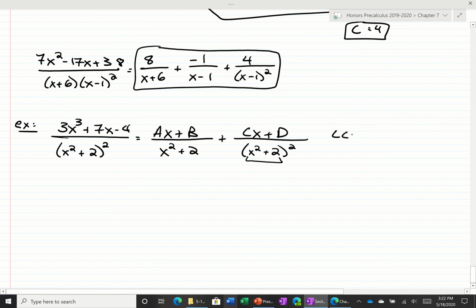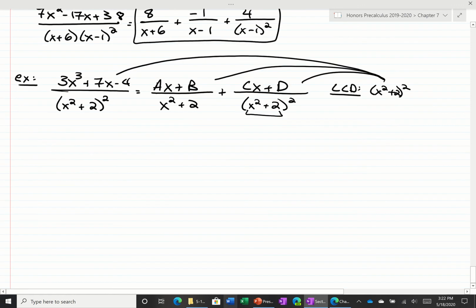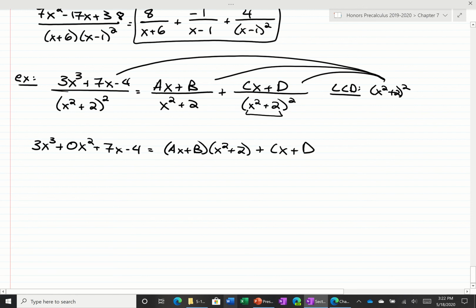We'll multiply everything by the least common denominator, which is x squared plus 2 to the second. And let's see what we get. Get 3x to the third plus no x squared plus 7x minus 4 is equal to, let's see, ax plus b times x squared plus 2, and then we'll have just cx plus d.